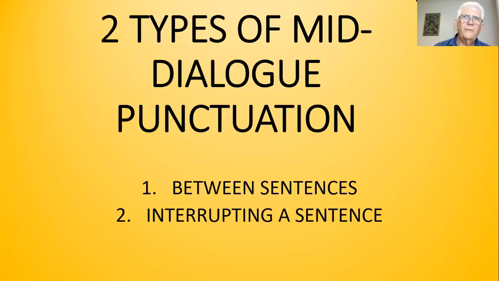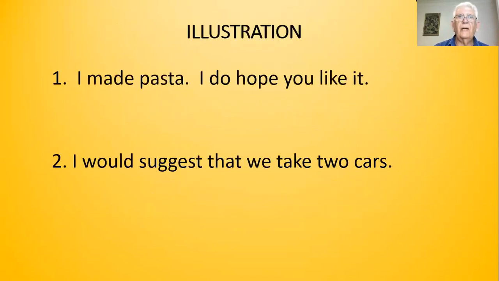And there's two types you'll find. One is when there are two complete sentences and we spread them apart and we put the dialogue tag in the middle, or it can be one long sentence and we find a spot where we interrupt that sentence and put the dialogue tag in there. So let's have a look at that.